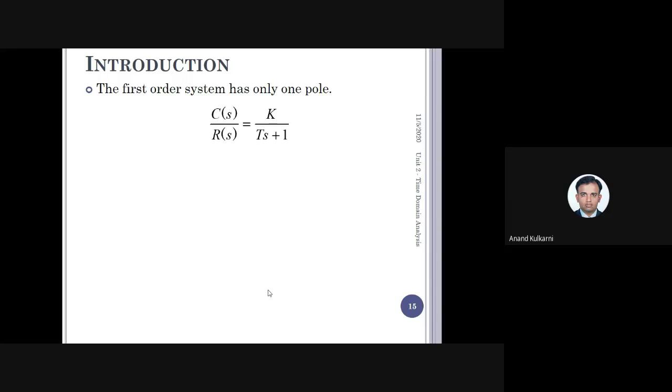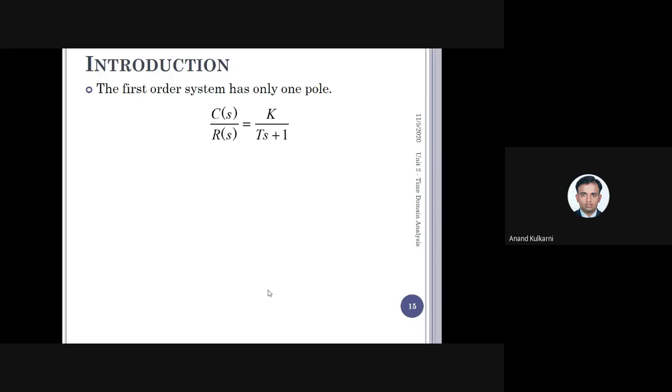The systems may be different, and in time response analysis they are categorized by the order of the system. If you see the transfer function of the system, depending on that, you have to categorize it as a zeroth order system, first order system, second order system, or in general a higher order system.